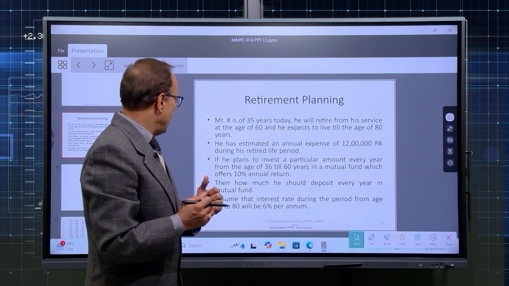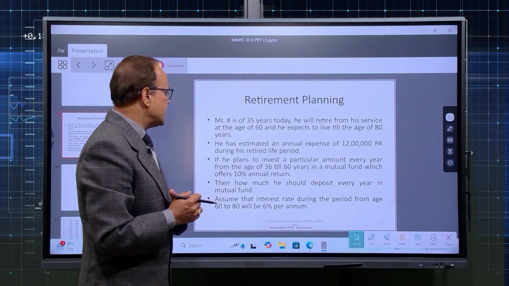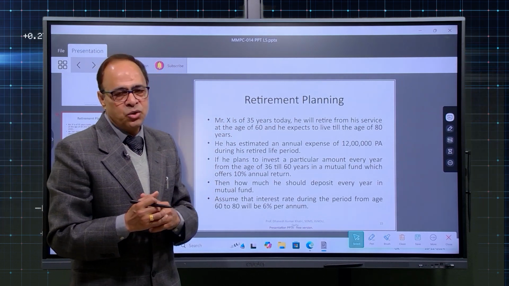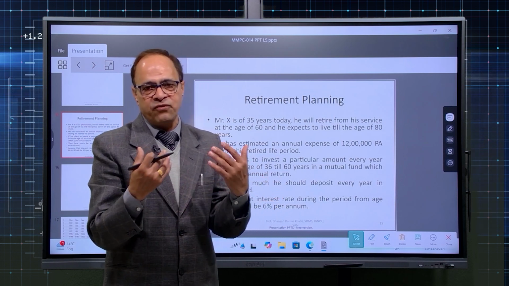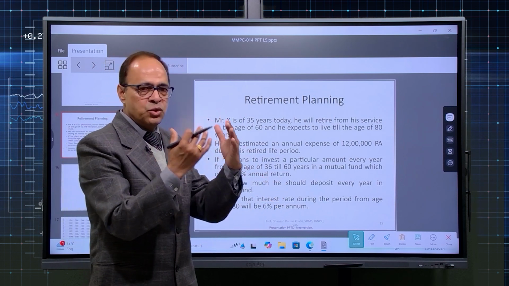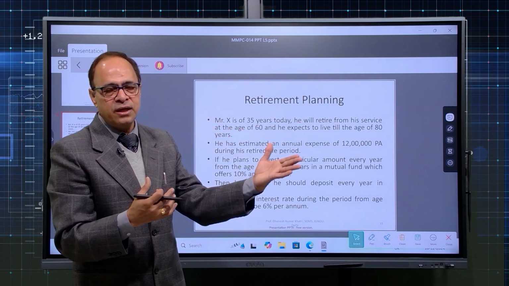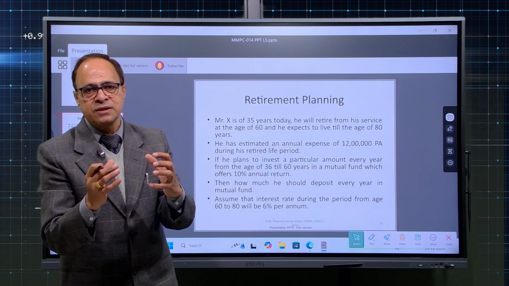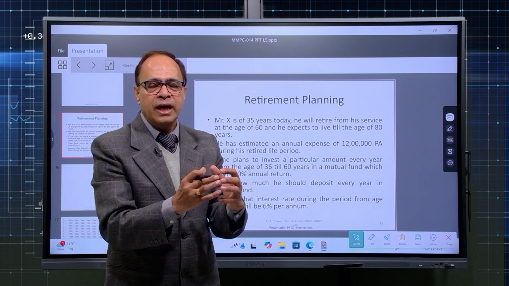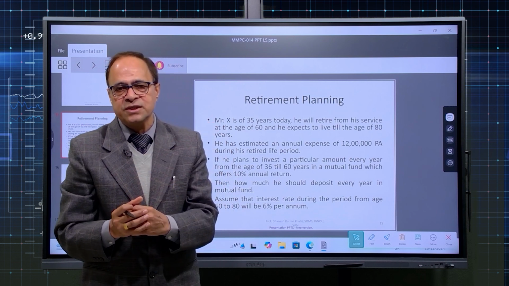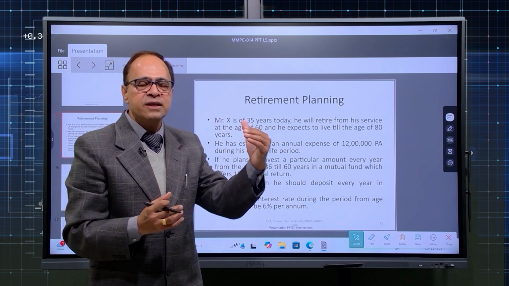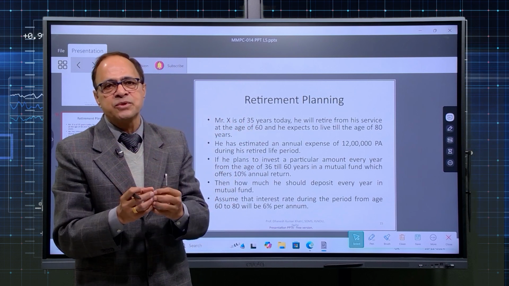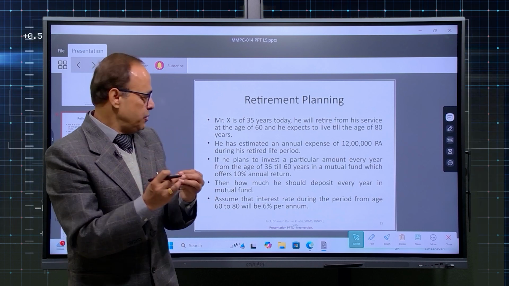Now, he plans to invest a particular amount every year during his service period, that means for the next 25 years, the same amount every year, so that he can have a sufficient corpus in his retirement fund. As soon as he retires at the age of 60, from the age of 61 he needs a lump sum amount every year for his expenses.